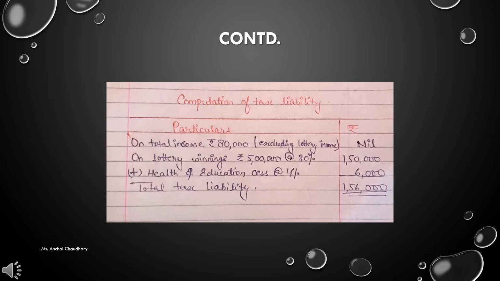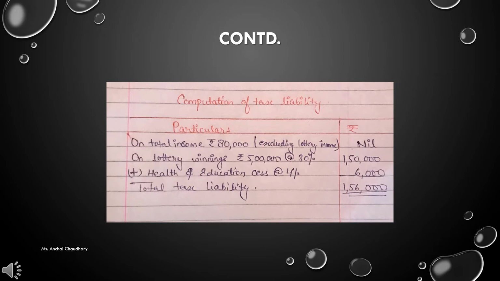So whenever we receive any kind of income from other sources, in that income your TDS was already deducted by that person who has given you that income. So here your tax liability will be nil, because on income from other sources your tax is already deducted, TDS is already cut, and the remaining is your health and education cess, that is your 6,000.